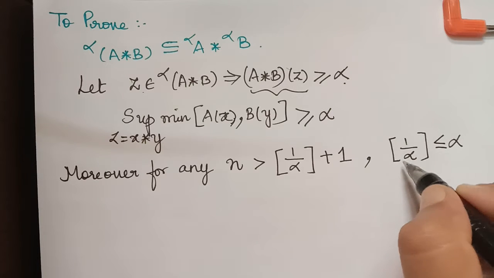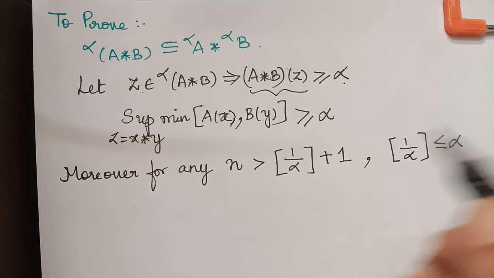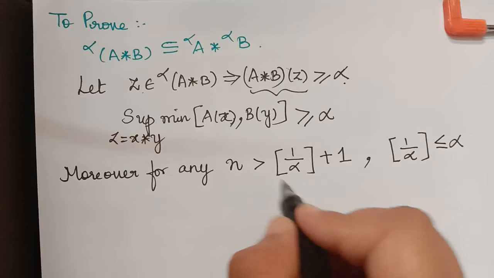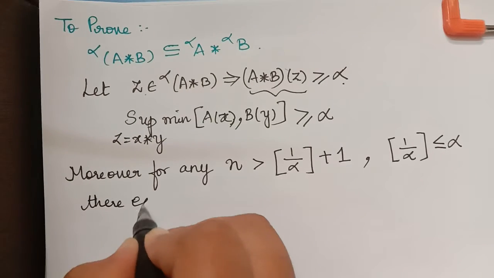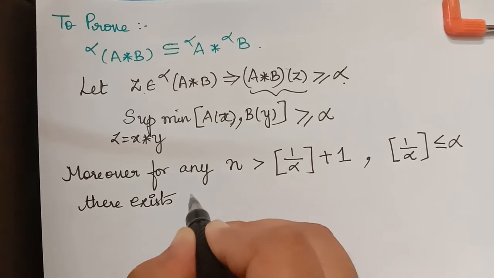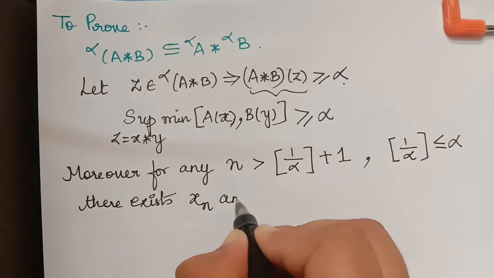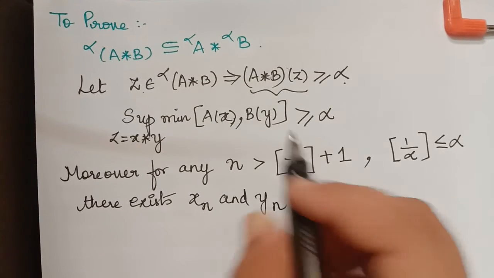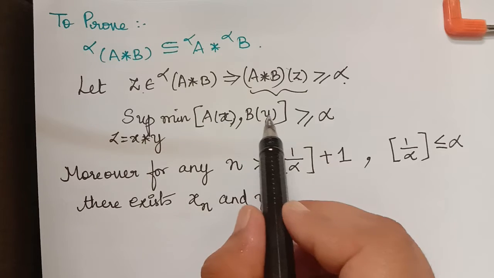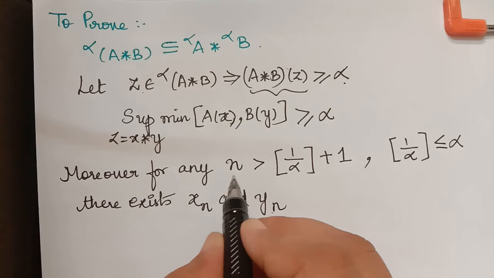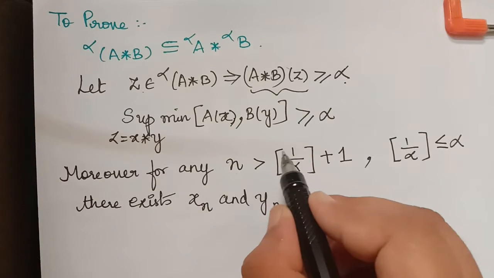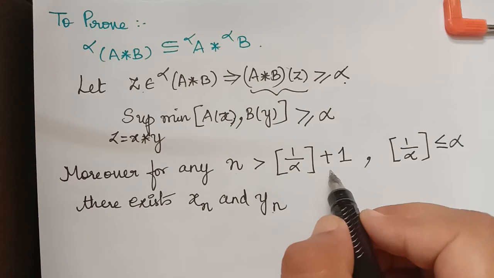So that is the integral part. So if we take an n like this, then there exist xn and yn. So x is in general. Now xn and yn are particular values where we have chosen that n to be greater than the integral part of 1 by alpha plus 1.